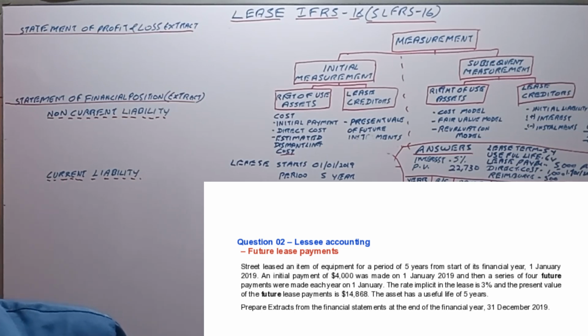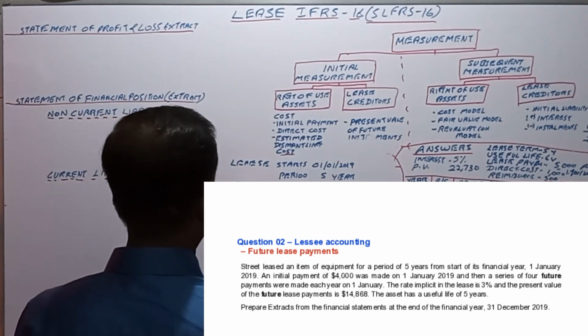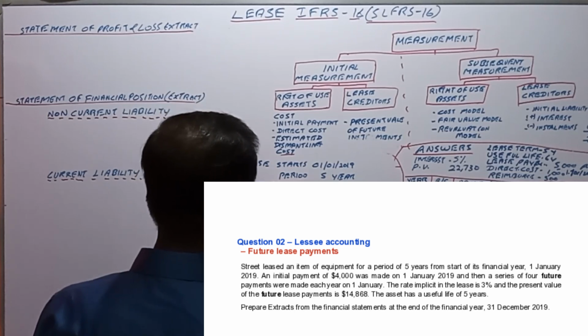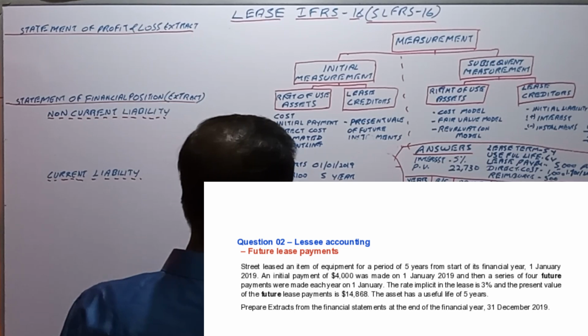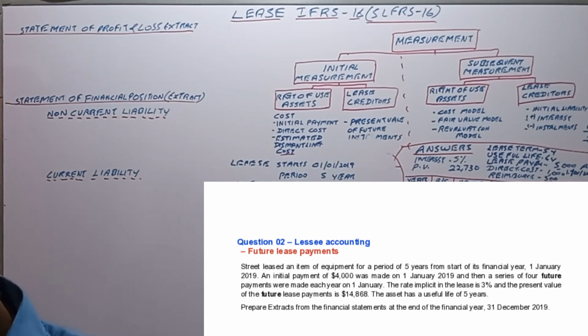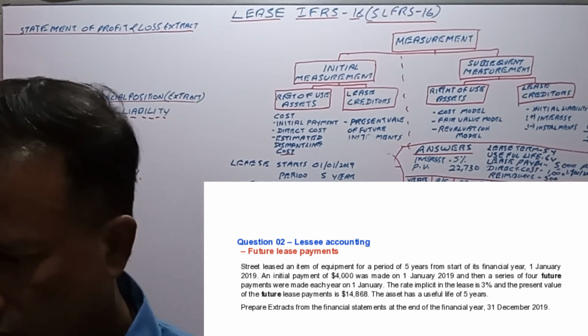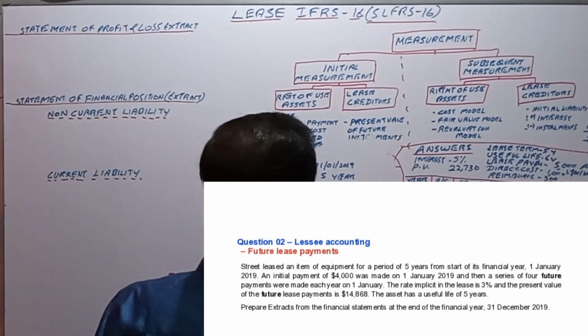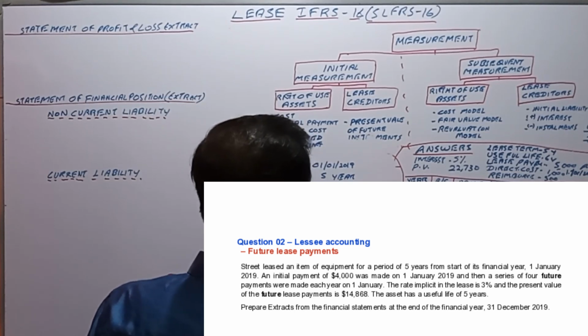Initial payment 4,000, and then a series of 4 future payments were made each year.